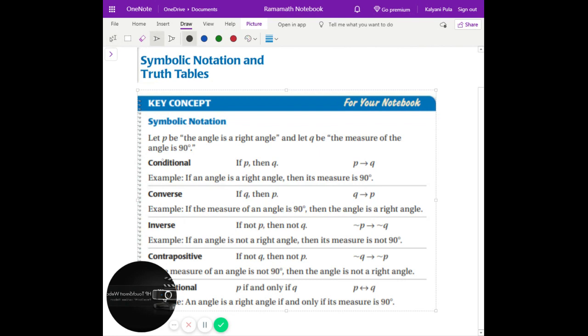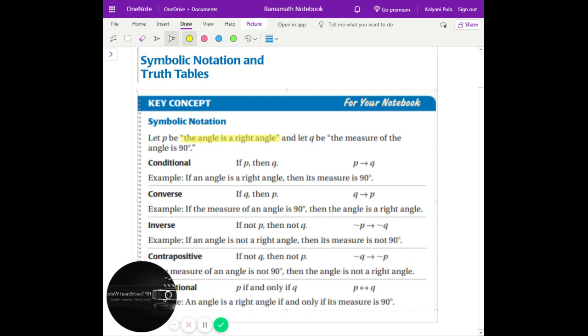Let's say, for example, let P be the angle is a right angle, and let Q be the measure of the angle is 90 degrees. Let me do it again.